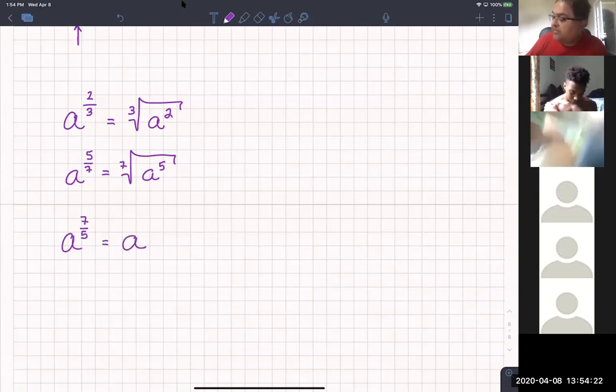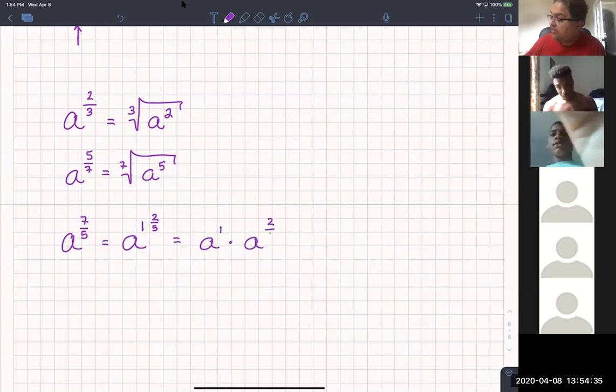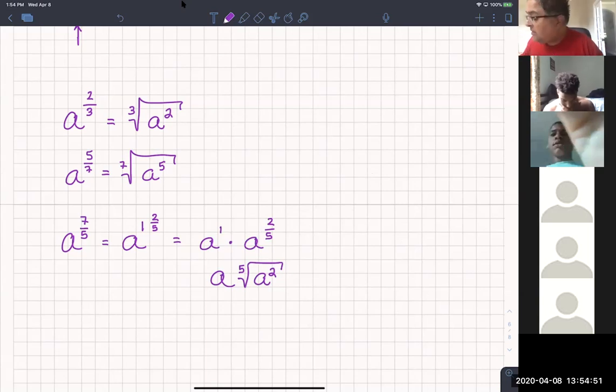So 7/5 as a mixed number is 1 and 2/5, right? And this is the same as a to the 1 times a to the 2/5. A to the 1 is a, and a to the 2/5, as I talked to you about earlier, is the fifth root of a squared.